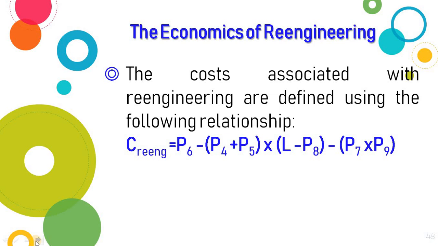Here P6 is the predicted annual business value after re-engineering, minus predicted annual maintenance cost after re-engineering, plus predicted annual operation cost after re-engineering, into expected life of the system, minus the estimated re-engineering calendar time minus the estimated re-engineering cost, into a re-engineering risk factor.